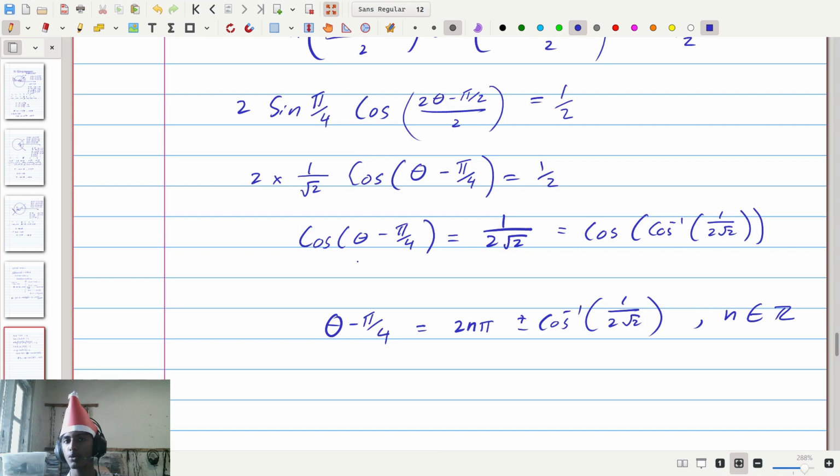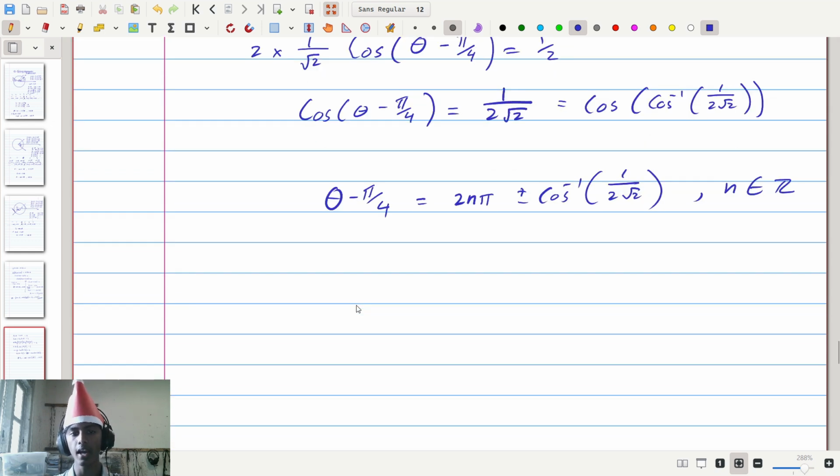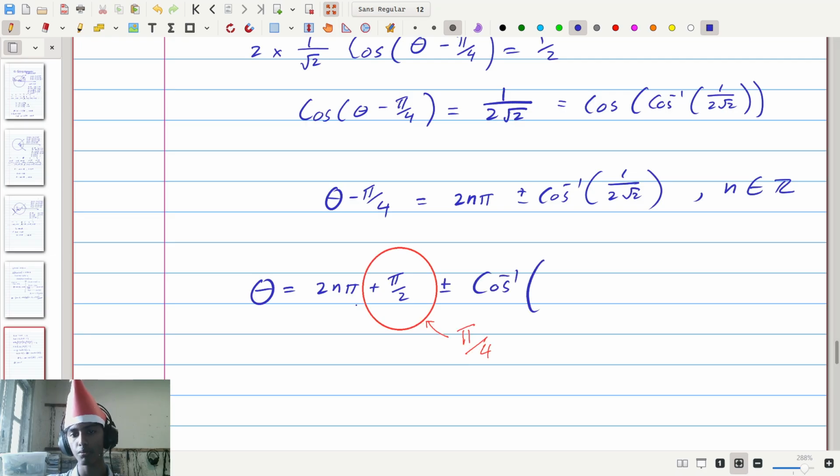In this case we didn't have two cases that we had to add together, we just seem to have a single case. Isolating theta on one side by taking this pi by 4 to the other side, we can write our final solution as theta is equal to 2n pi plus pi by 4 plus or minus the cosine inverse of 1 divided by 2 root 2 for n being an integer.